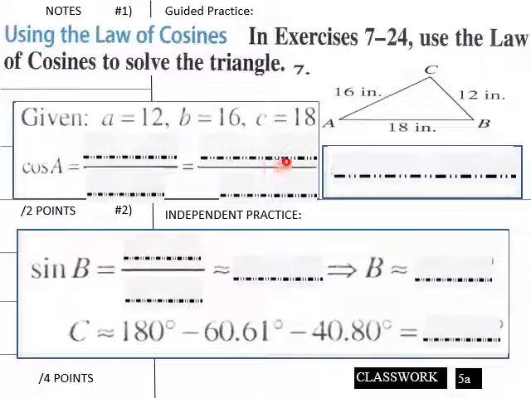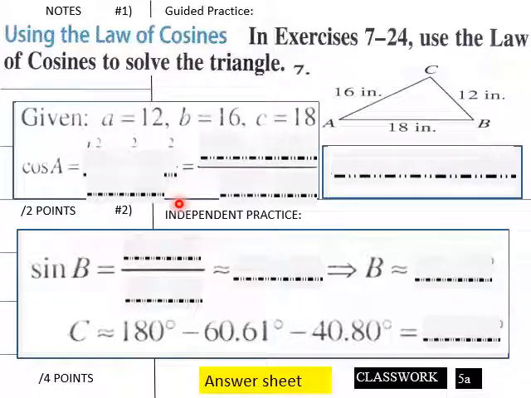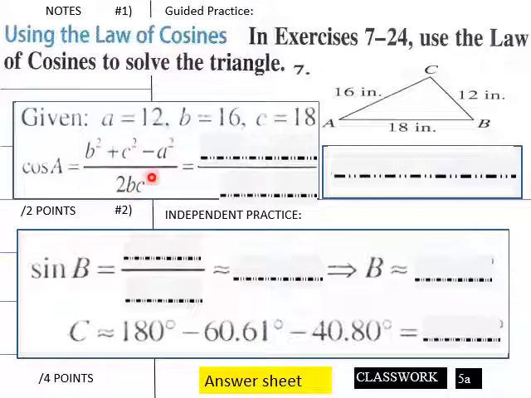So from that, we're given this, so we can start with a law of cosines setup here. We go B squared plus C squared minus A squared in our numerator, to find the cosine of A, to find the angle measure of A, over 2BC. That is our formula for that.